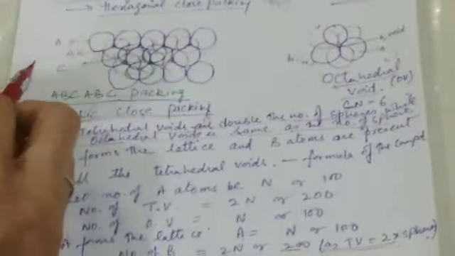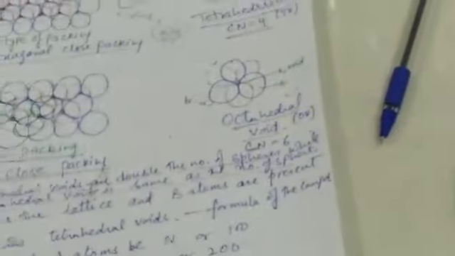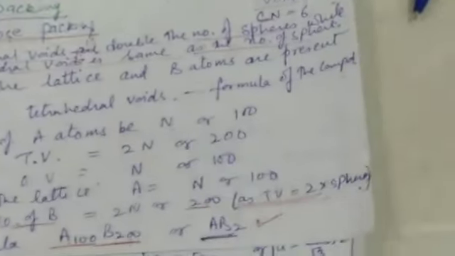So this is about the packing and the different types of voids. Now one thing more: in cubic close packing, the third type of void is the cubic void. The cubic void means the space within the cube. Again, I take the example of the room: the space within the walls, between the roof and the floor, is taken as the cubic void.